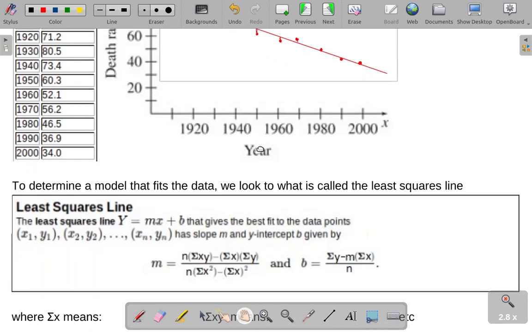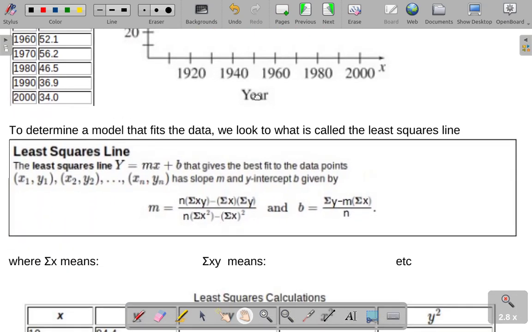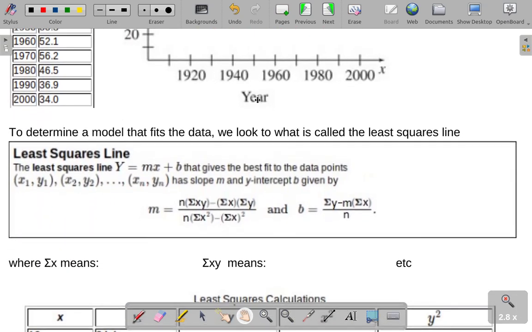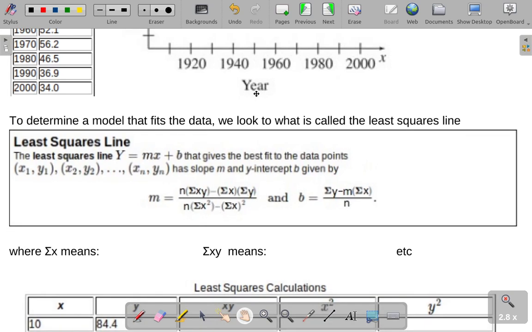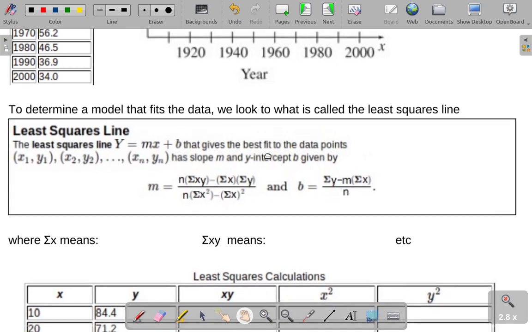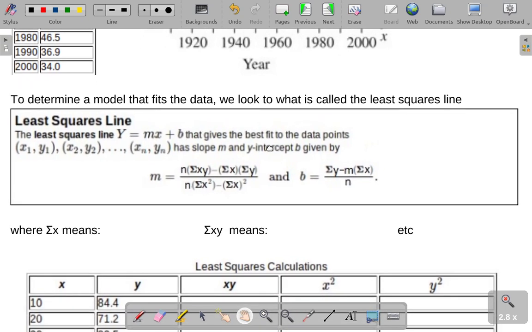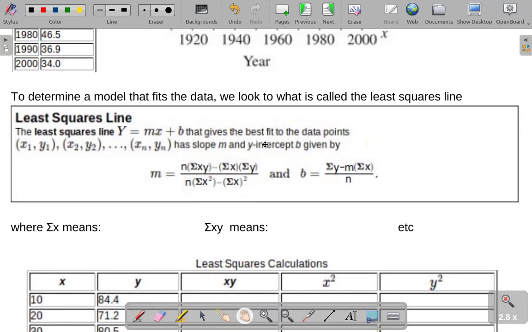So the actual method to compute that, if we're doing this by hand, is a little bit complicated. I'm going to show you how to do these things on the calculator, but just so you can gain an appreciation for what the calculator's doing, I'll explain what's going on here. This formula has a slope and a y-intercept of that line. These symbols are called a sigma.